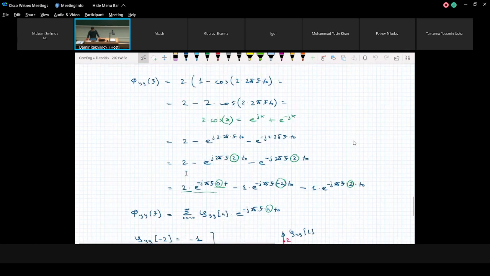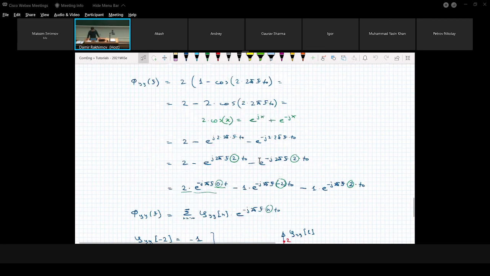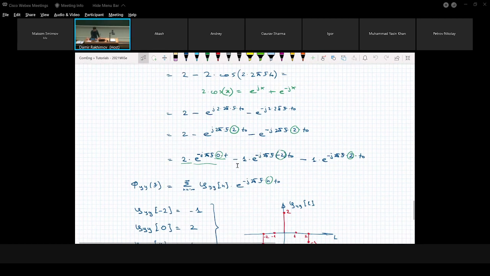And in the end, the resulting function should look like this, up to Fs over 2. And you see that at 0, we don't have DC, and then we have it distributed except for the DC part.